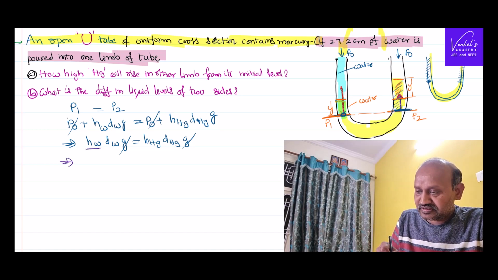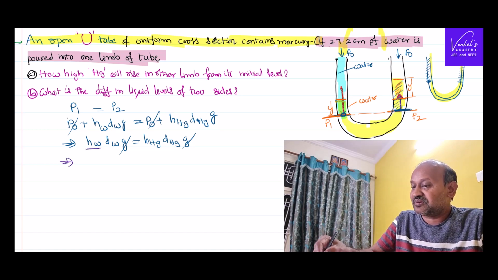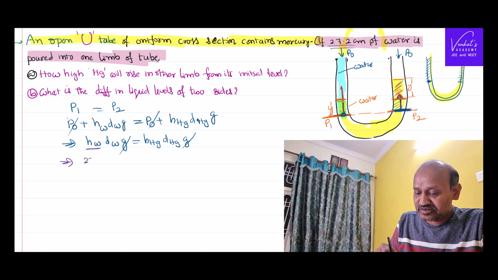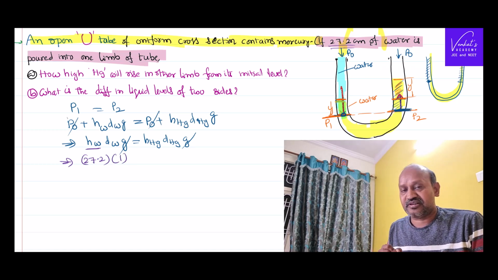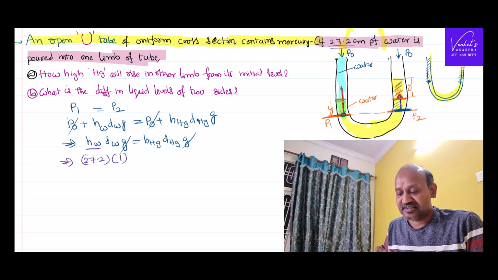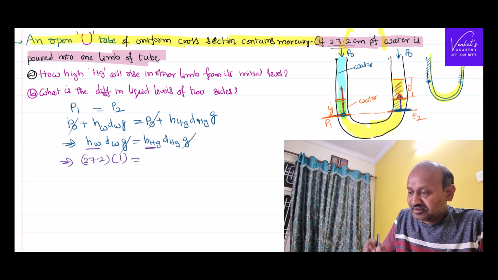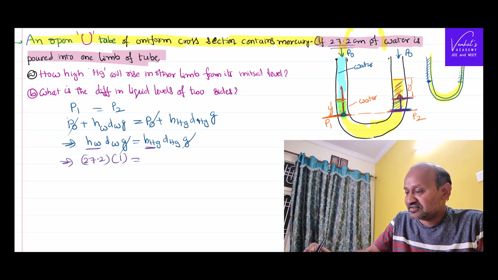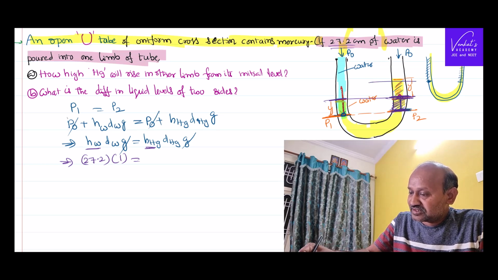Height of the water. It is given in the problem that the height of the water is 27.2 centimeter. Density of the water is 1 gram per cc. I am writing everything in the CGS system. Height of the mercury: from here to here the levels are equal. From here to here there is a y, but you are counting from here, so there is another y.